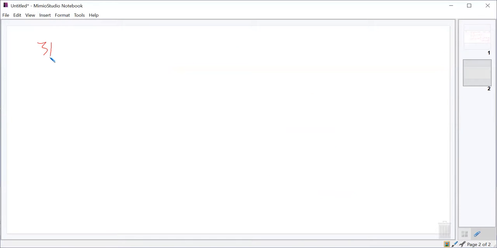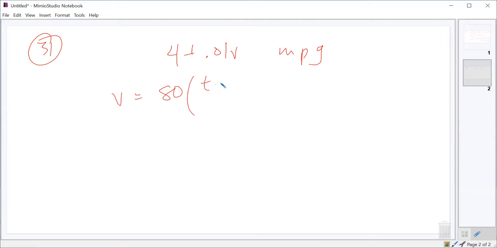All right, we got a velocity. Okay, now it's traveling at speed of v and gets 4 plus 0.01 v miles per gallon. Its speed, so we're just calling that v, is 80 times t plus 1 over t plus 2.